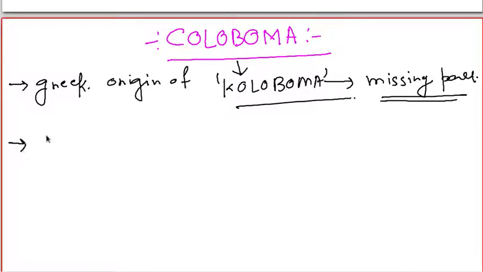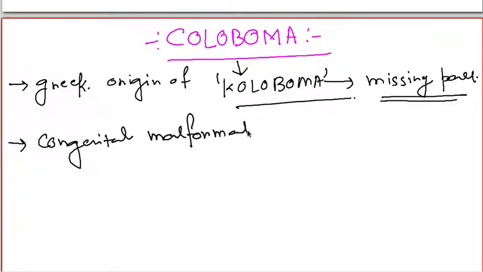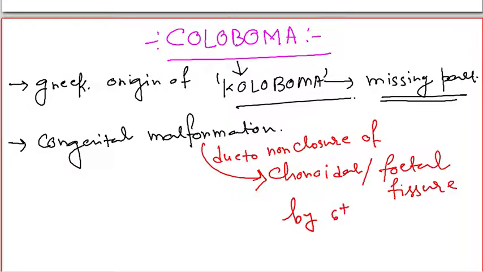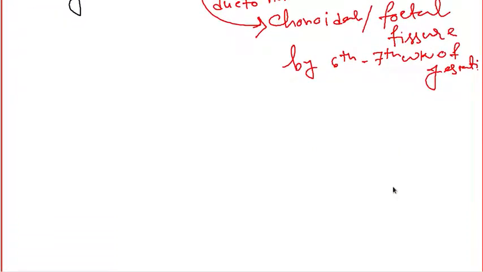So it is a congenital malformation which occurs due to non-closure of the choroidal or fetal fissure by the 6th to 7th week of gestation.